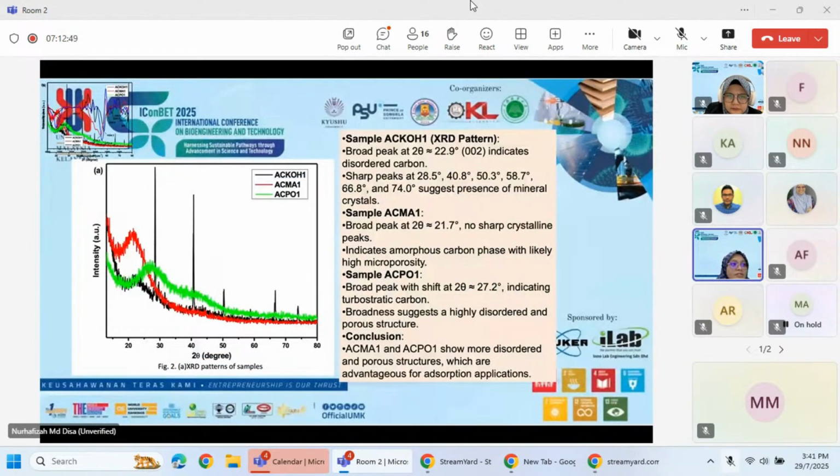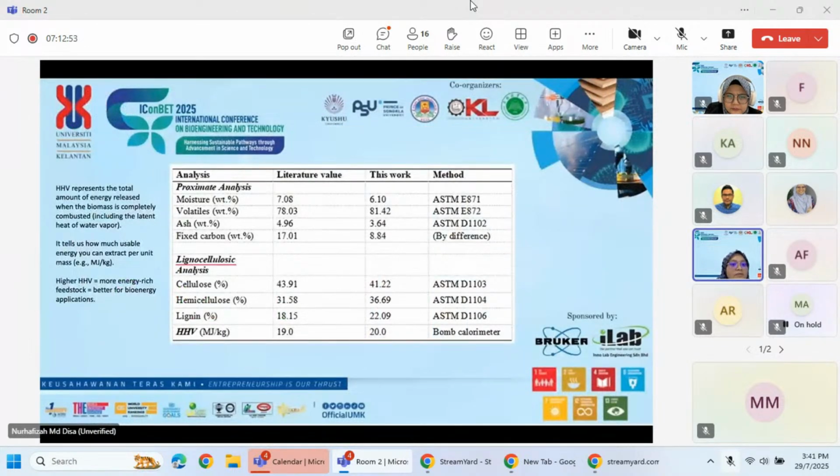The proximate analysis results include the percentages of volatile matter, moisture, ash, and fixed carbon. And we compare our work with the literature review to look into the potential and also to make a comparison with the existing work.